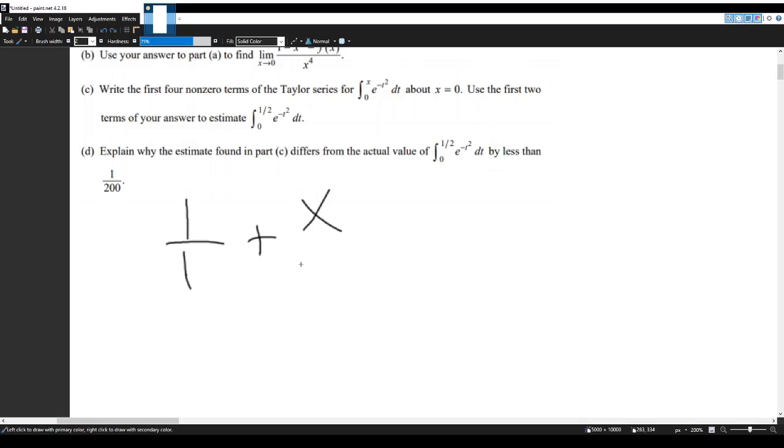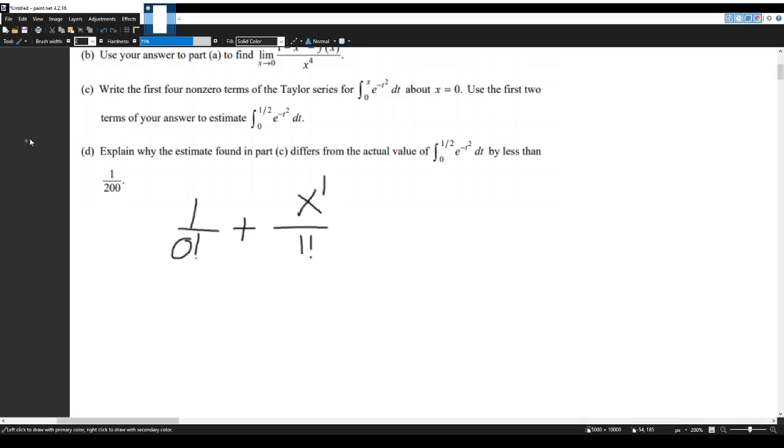x over, well, okay, so let's see the pattern a bit better. So 1 over 0 factorial plus 1 over, well, the coefficient in the numerator is always going to be 1, so we can just do this. x to the 1 over 1 factorial.